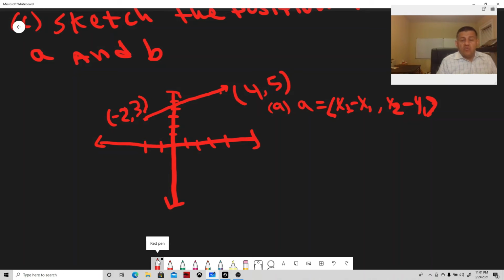Okay, so now I have 4 for x2, right? So A is equal to 4 minus, and then a minus 2, right? And I put a comma on it. And then I have a 5, and then I have a minus 3.